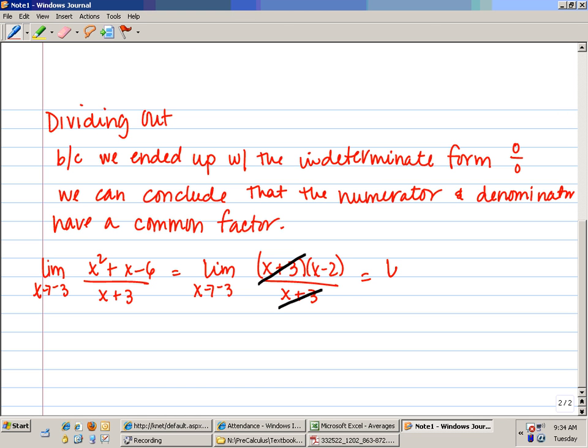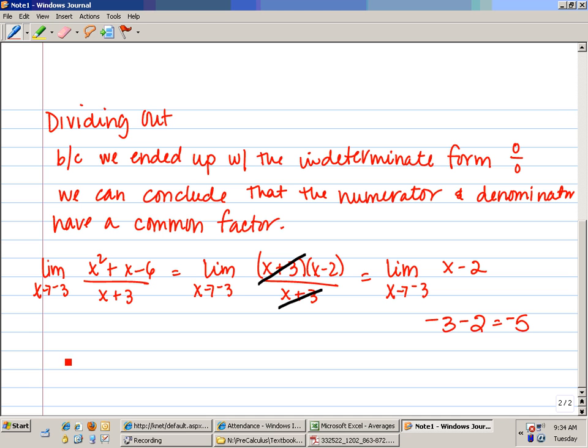So that leaves us with the limit as x approaches -3 of x minus 2. Now we can use direct distribution again, and we get -3 minus 2 equals negative 5.